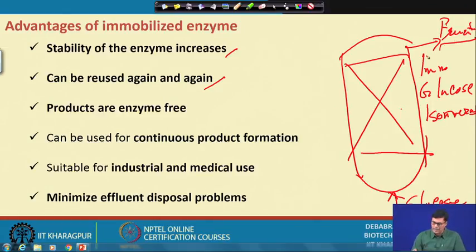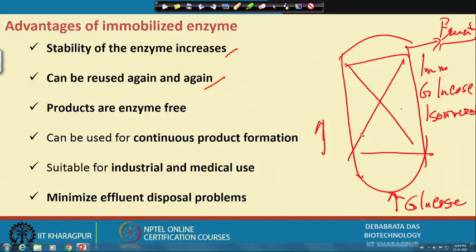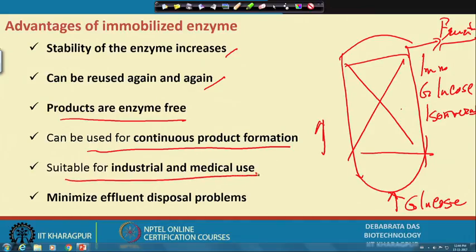You can operate this continuously until the activity declines. The products are free from enzymes, and continuous product formation is suitable for industrial and medical use.